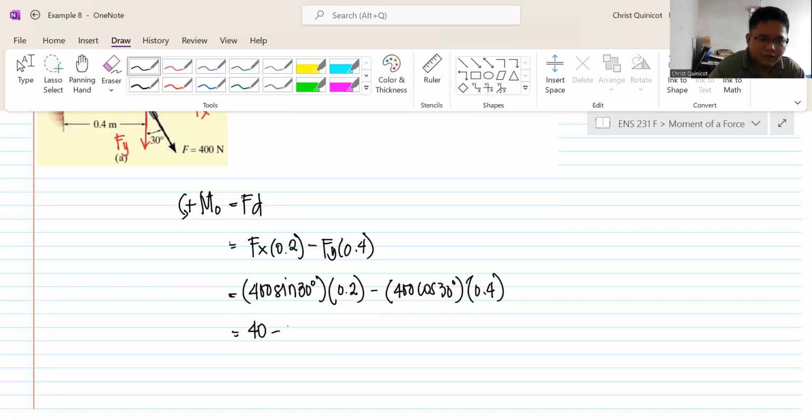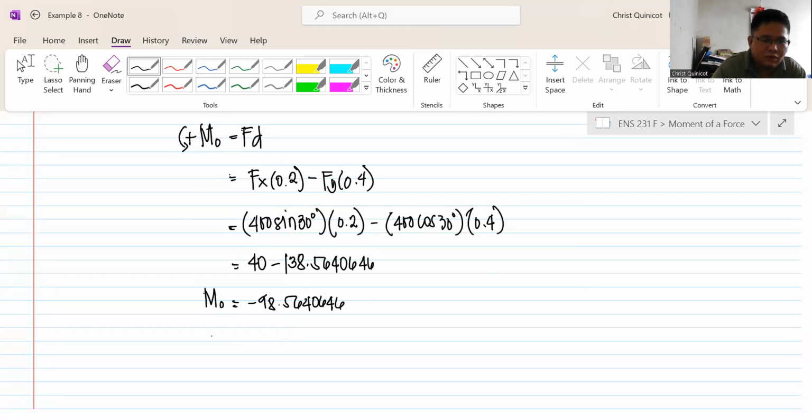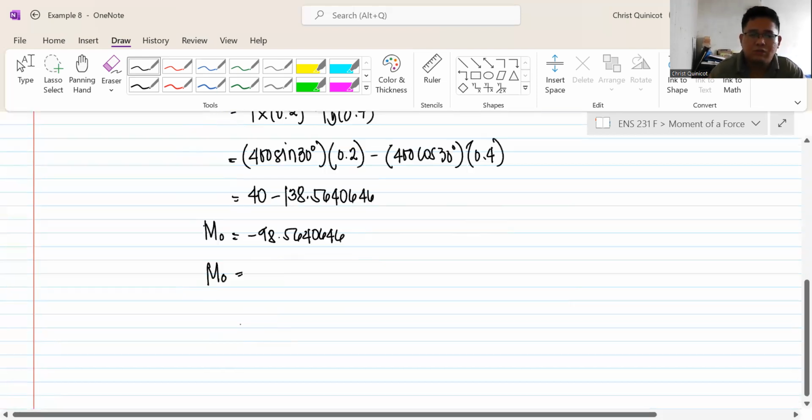That's negative 138.5640646. Of course, this is already in Newton meters. If we solve the expression, the moment about point O is equal to negative 98.5640646, or we write it following its true direction or true sense.